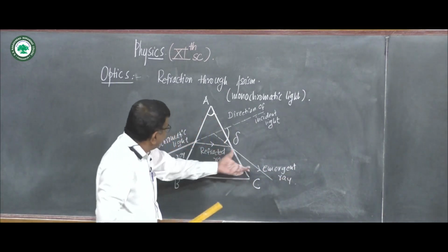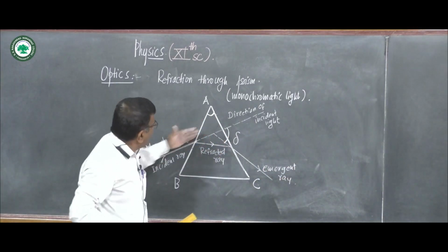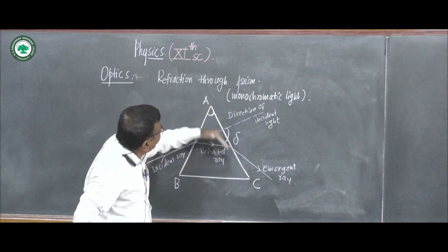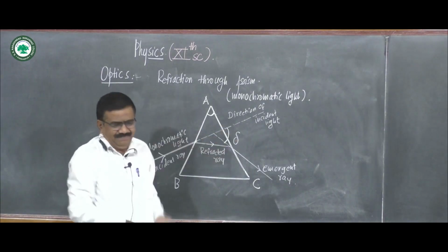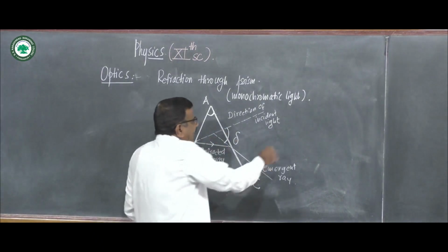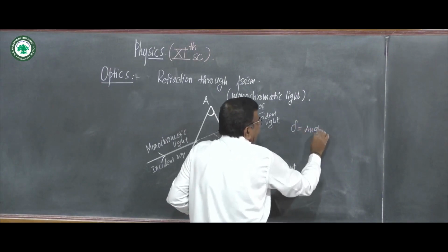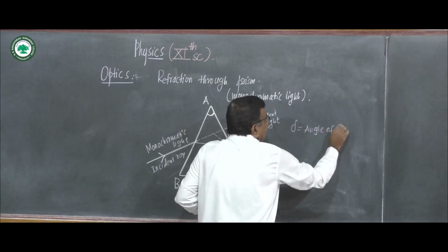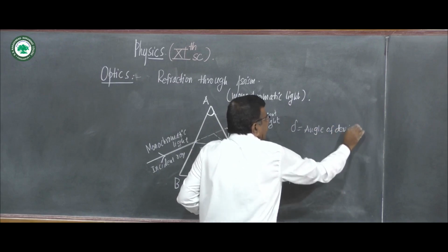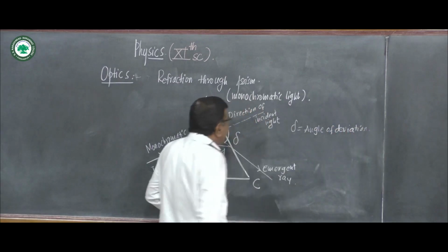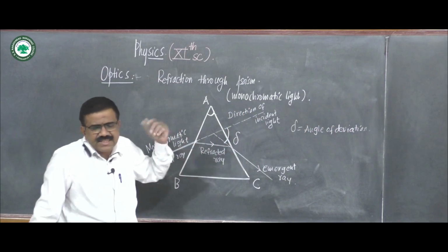This emergent ray or this incident ray is deviated through the angle delta, and this delta is called as angle of deviation. Angle of deviation, that is, the incident ray is deviated through this angle.